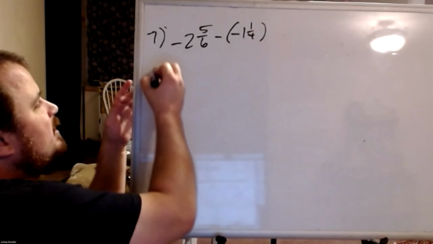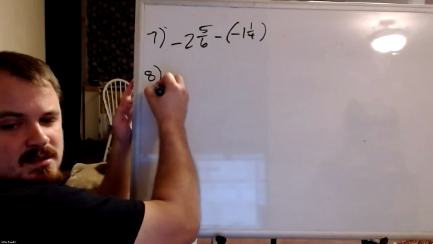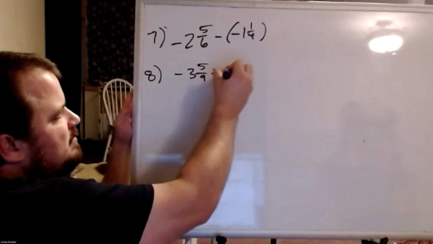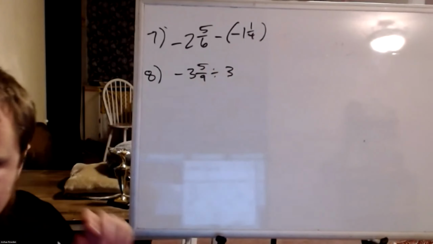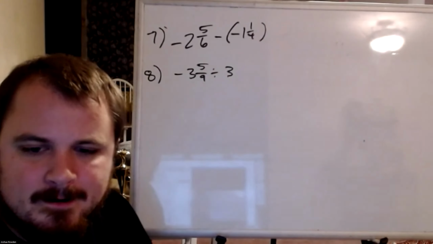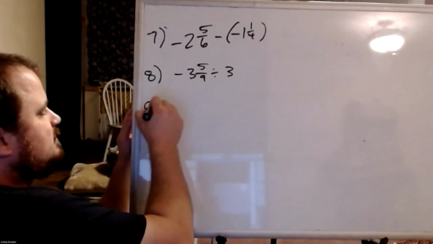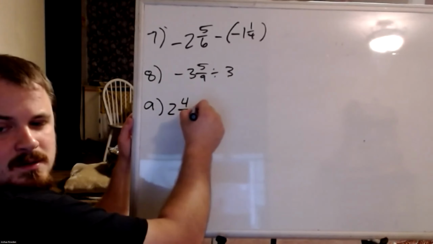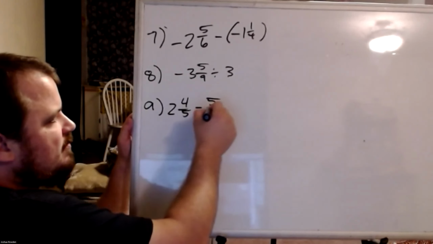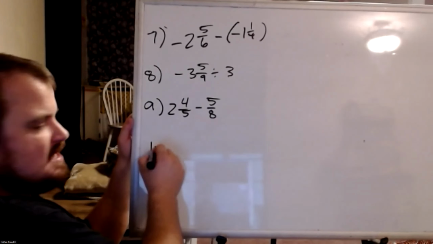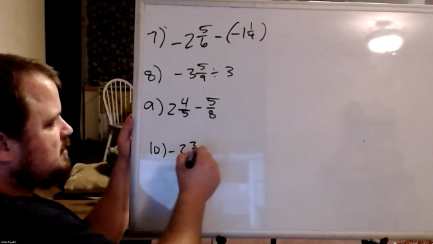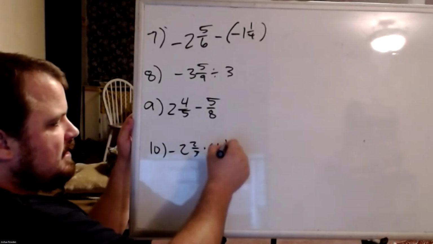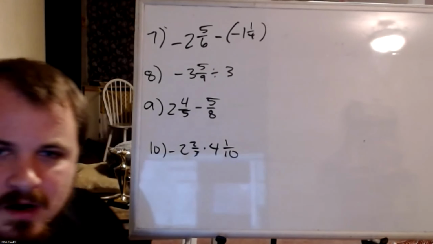Number 8: negative 3 and 5/9 divided by 3. Number 9: 2 and 4/5 minus 5/8. And then 10: negative 2 and 2/3 times 4 and 1/10.